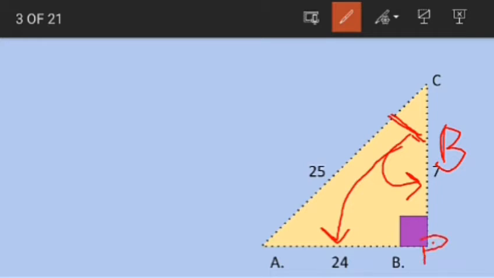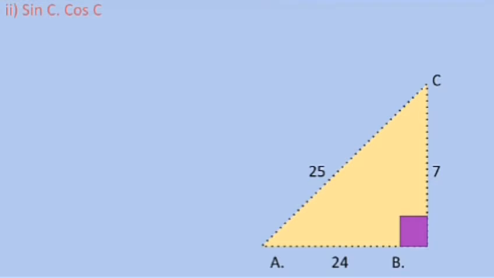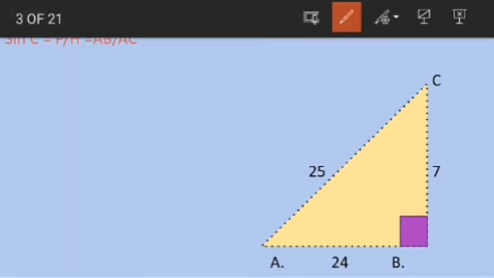Okay, class, now moving back to our question, we need to calculate sin C and cos C. Now the sin C in this case is going to be perpendicular upon hypotenuse. The hypotenuse is the same, but the perpendicular, as I mentioned earlier, is going to change this time, and this is going to be AB, because the side opposite to angle C is only one side, that is AB.